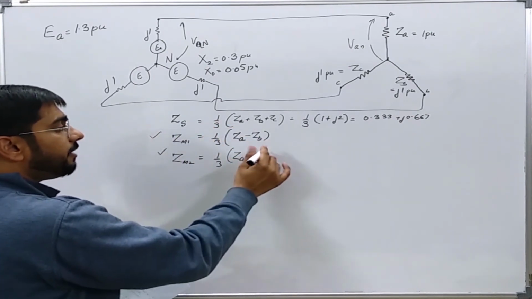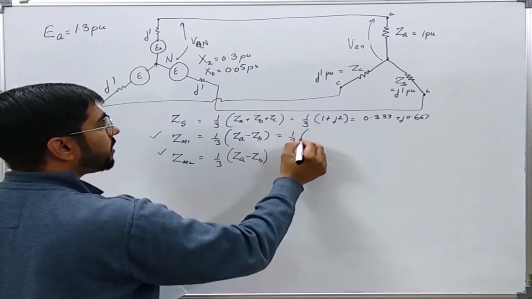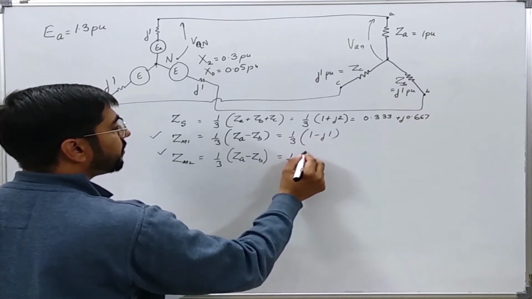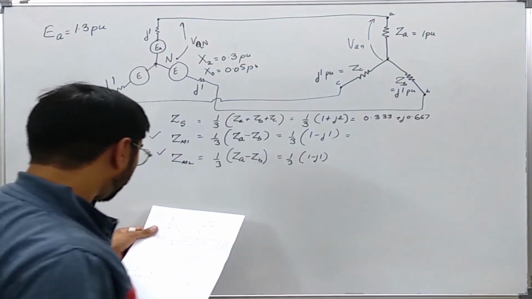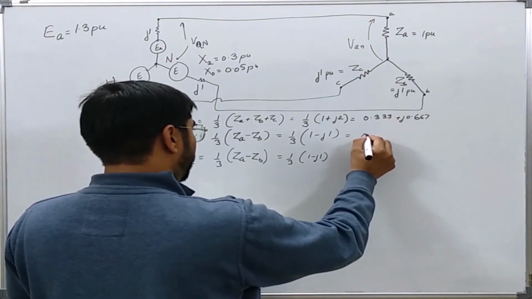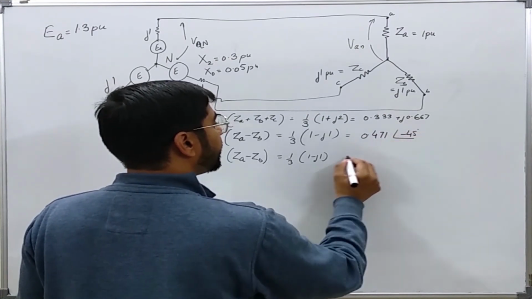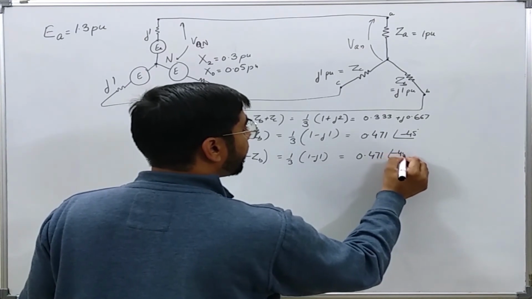This is a very general case. So it is equal to 1 by 3 (1 minus j1), and it comes out to be 0.471 angle minus 45 degrees, for both.